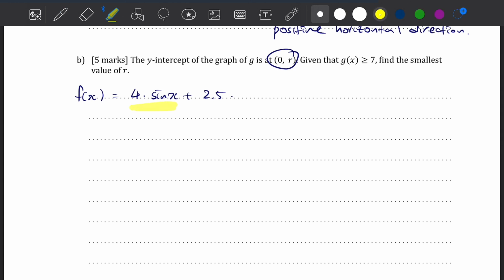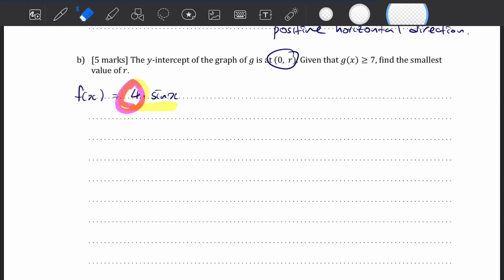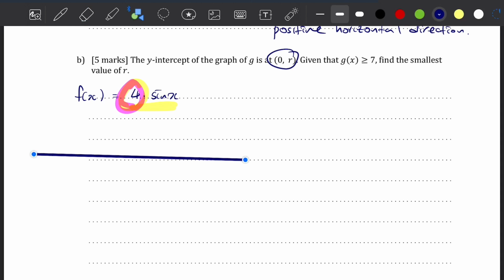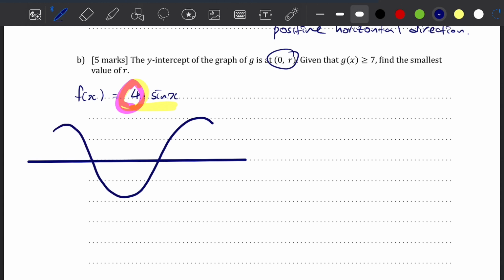And then the 4 means, if I draw the graph, let's just consider 4 sine x first. So if I draw the graph of this, it doesn't matter where it is located, we know that from the principal line to the minimum point or the maximum point has the distance of 4, right?